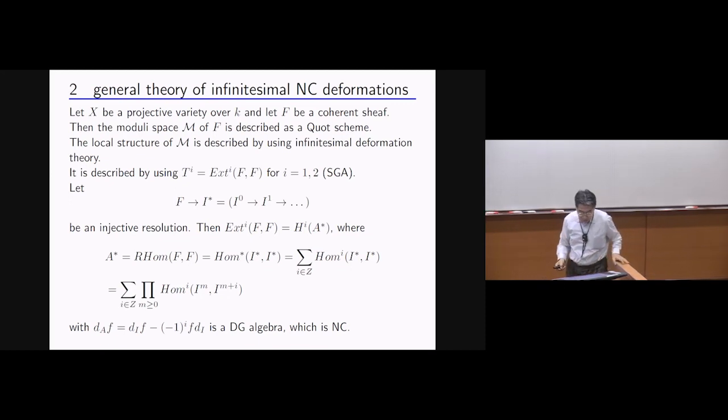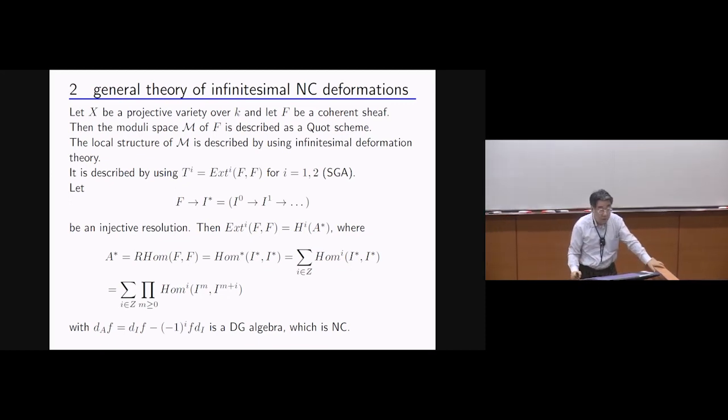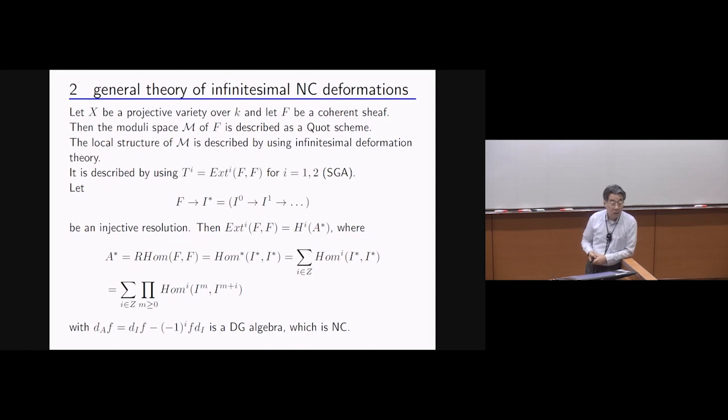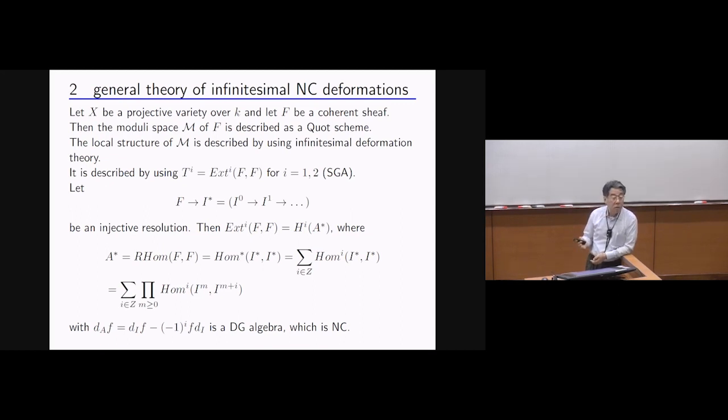And since the deformation is controlled by this differential graded algebra, it is natural to consider a non-commutative base. Actually, the base of the versal deformation of F is described using this DG algebra, a non-commutative algebra. So it is very natural that the base of the deformation is non-commutative.